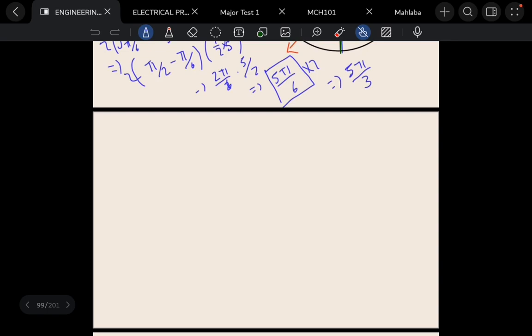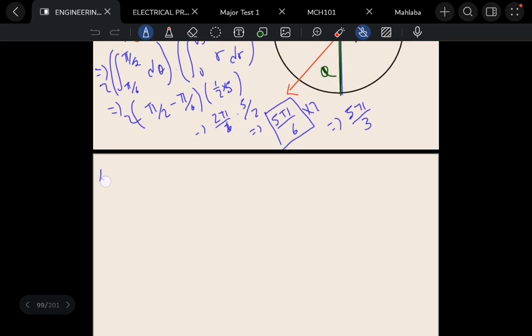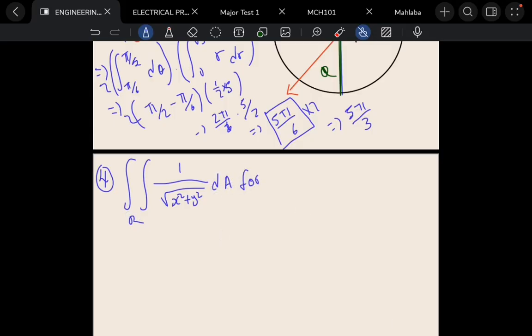Next one, I'm just going to draw the region. This is number 4. Now if you integrate 1 over the square root of x squared plus y squared dA, I'm just going to give you the region here.